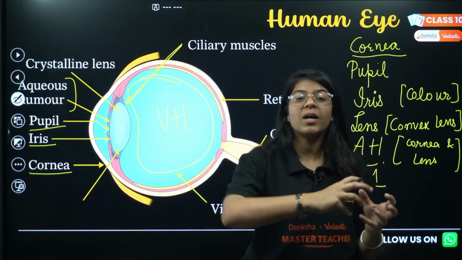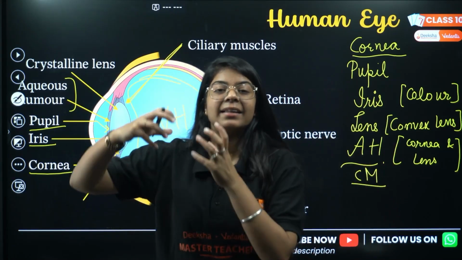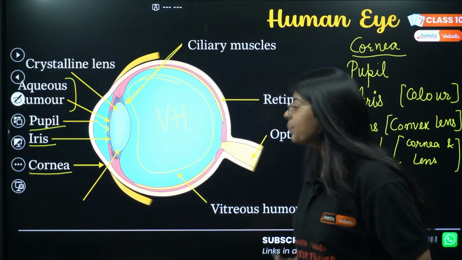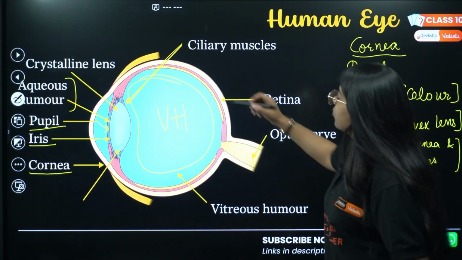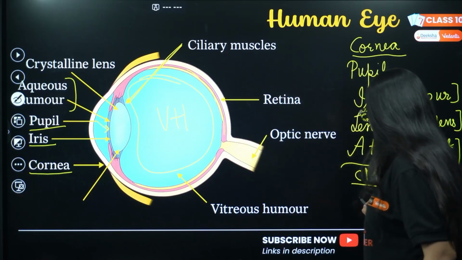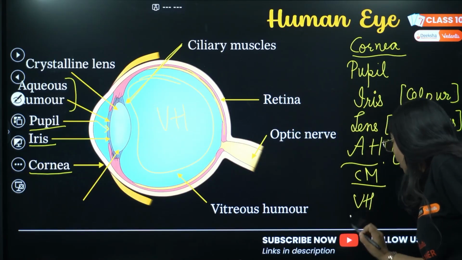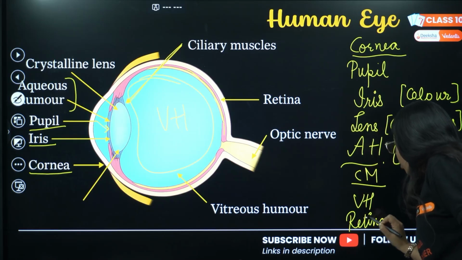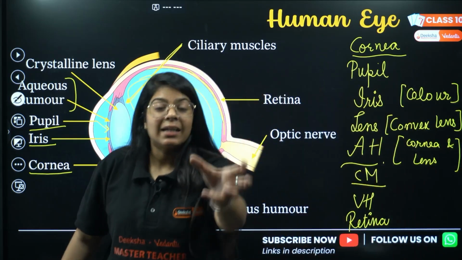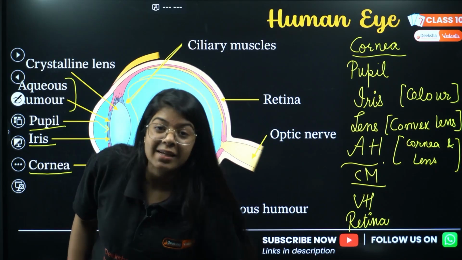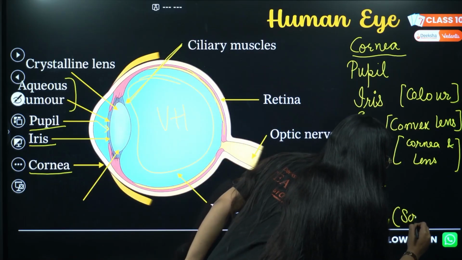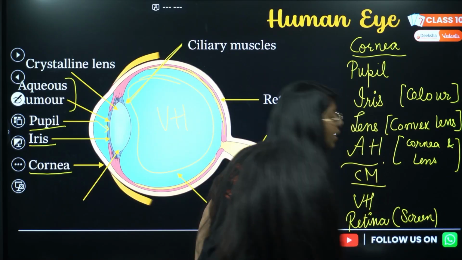So vitreous humor is used to maintain the shape of our eyeball. Understood everything? Now the main part comes, our retina. We know we have a lens, but that lens makes the image on a screen. That screen is called the retina.